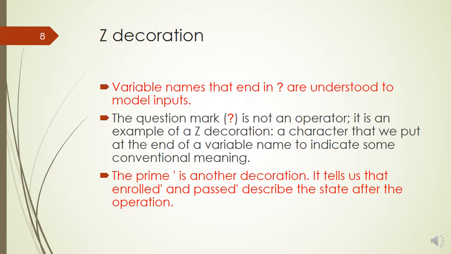And the second decoration is a prime, which is given here. The prime is another decoration. It tells us that enrolled prime and passed prime describe the state after the operation. We have declared two state variables. The first state variable was enrolled and the second state variable was passed.